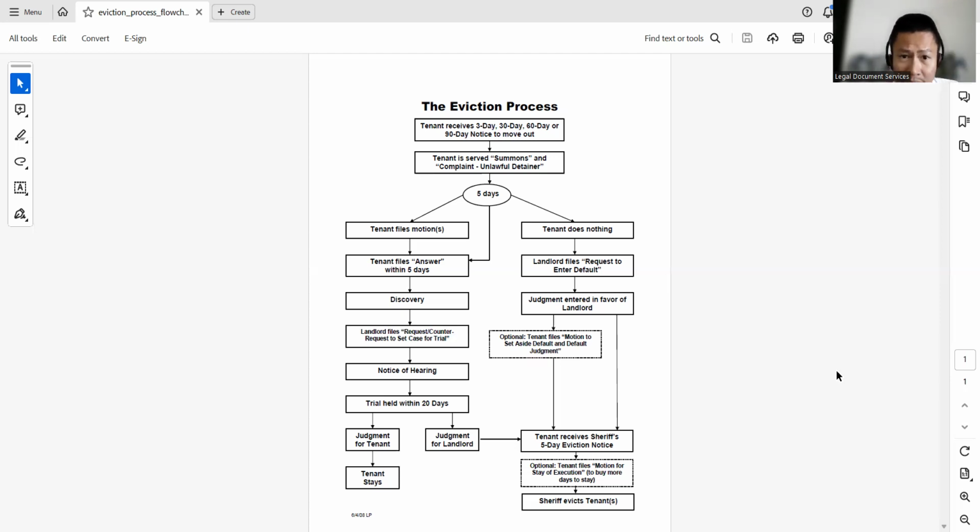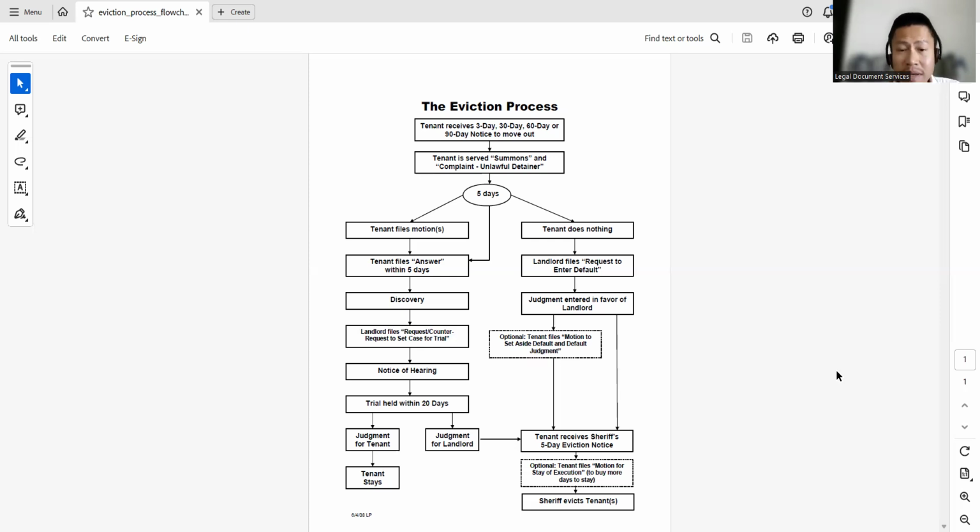There's a notice, and then the summons and the complaint, and then the answer from the tenant, the request or counter request to set case for trial by the landlord, the motion to set aside default and default judgment by the tenant, and the motion for stay of execution to buy more time for the tenant.